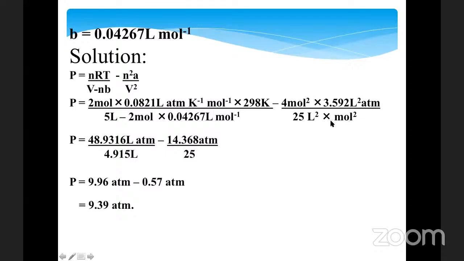So note the units, know what cancels out, and know what is left. We work out this very well.